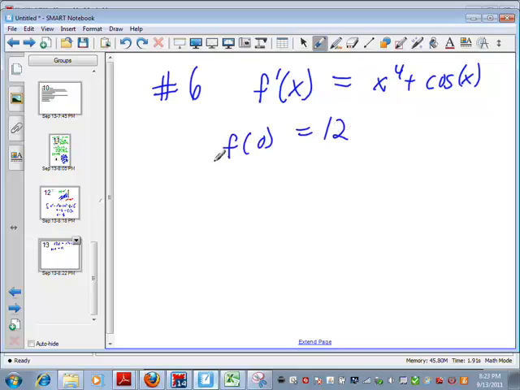Solve that initial value problem. We could use two different formulas. You can do whatever you want. Usually I just find the antiderivative and then solve for the constant. Find the antiderivative and then solve for the constant.